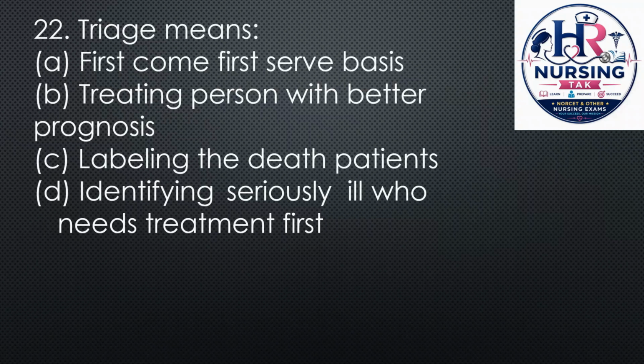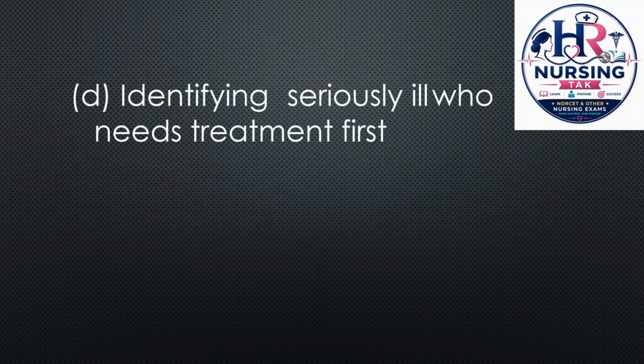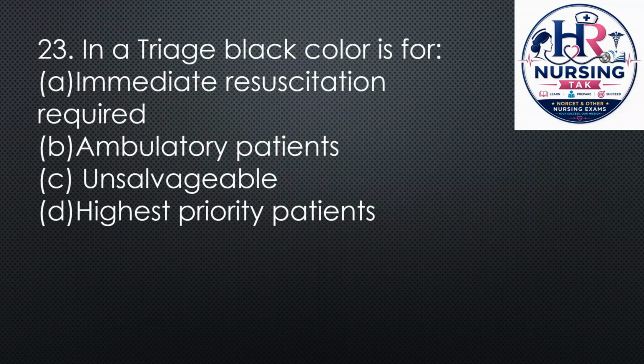Question 22. Triage means A. First come first serve basis. B. Treating person with better prognosis. C. Labeling the death patients. D. Identifying seriously ill who needs treatment first. Answer is D. Identifying seriously ill who needs treatment first. Question 23. In a triage, black color is for A. Immediate resuscitation required. B. Ambulatory patients.